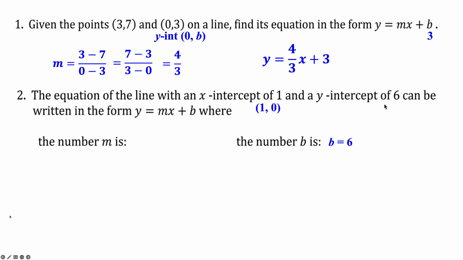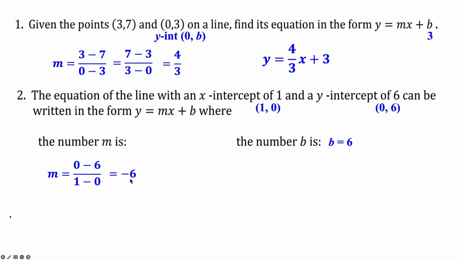Your y-intercept is 0 comma 6, and then we apply the slope formula like we did up in number 1. 6 minus 0 over 0 minus 1, or 0 minus 6 over 1 minus 0. Either one is fine. Whatever you do, you're going to get negative 6 for the slope.